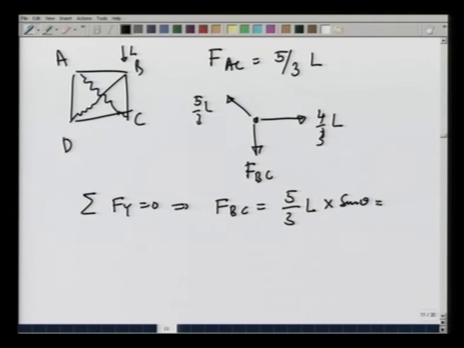Sine of theta we have already calculated is 3/5, and therefore, this comes out to be L. So, F_BC is pushing it down, and that means the rod is being compressed. So, it is compressive.